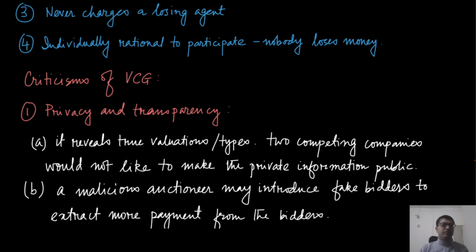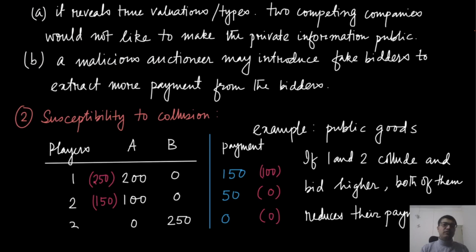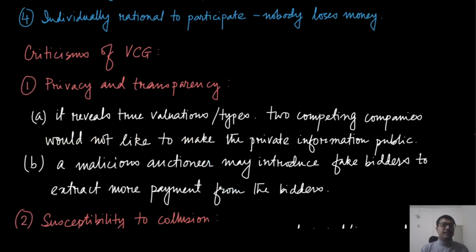They do not win because there is a larger bidder who is bidding even higher, but the amount that this highest bidder is paying is significantly larger. So there is a kind of trust issue here as well. You have to really trust the auctioneer that it is doing what it is supposed to do in a truthful manner. Otherwise, this extraction of an excess amount of money can happen. So this is one criticism about how this is implemented.